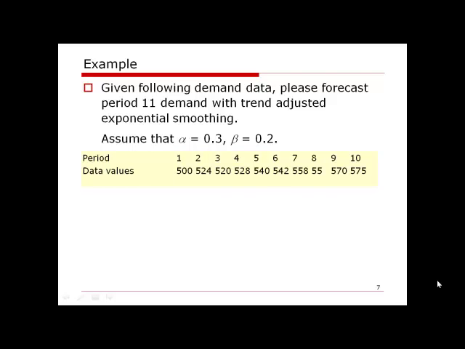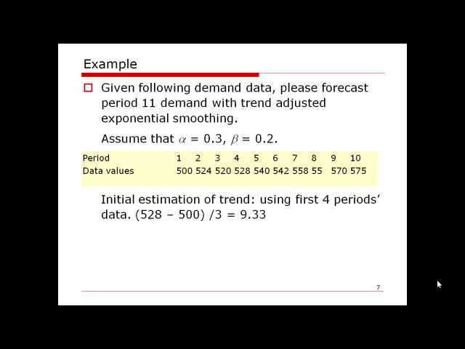But since we need to estimate a trend, because this is a trend-adjusted exponential smoothing, we may ignore or pass the first 3 or 4 time periods in the forecasting. So basically, if you remember, we need to have an initial guess or estimate of two parameters, which is the trend and the first forecast.